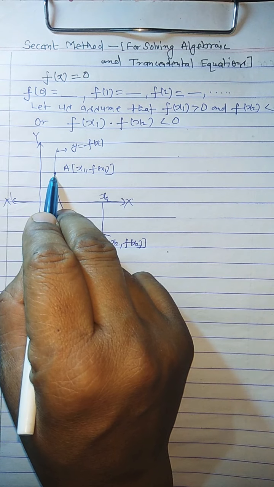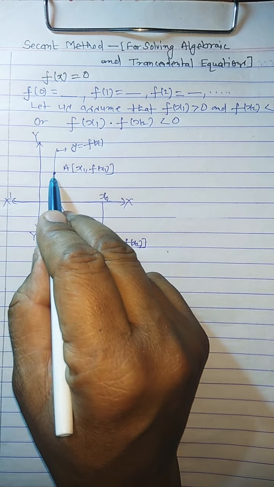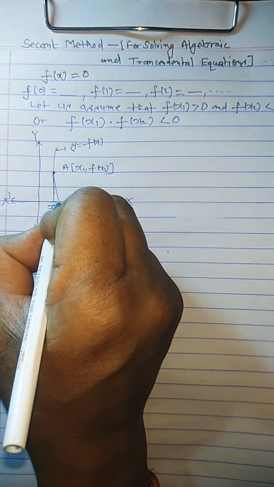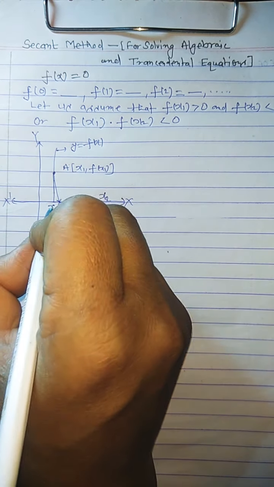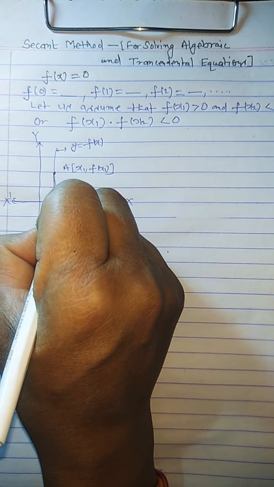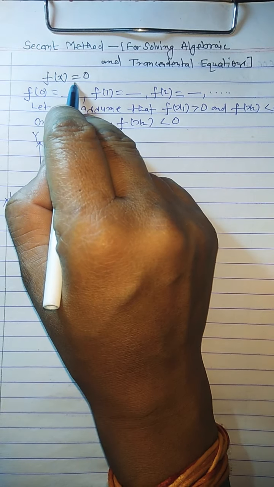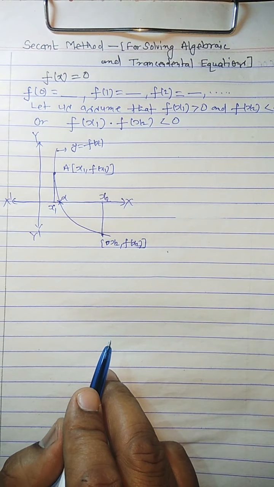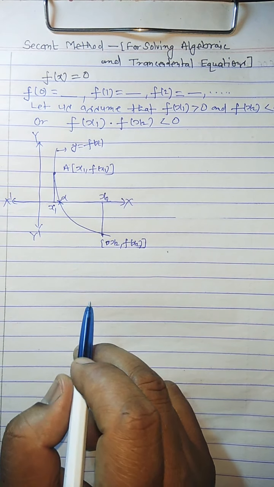The value of the function at one point is positive and at the other is negative, which means the curve crosses the x-axis. The point where the curve crosses the x-axis is the exact root of this algebraic or transcendental equation.